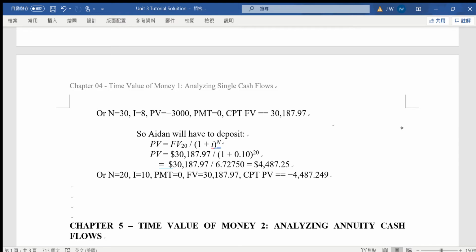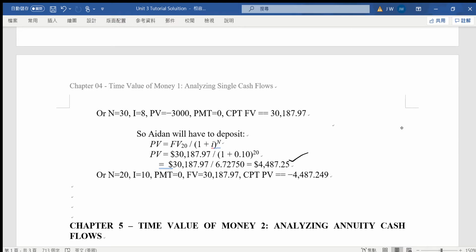Finally we can find out the amount should be 4,487.25 that Agent should invest now, and then under a 10% interest rate to accumulate the compound interest, that will be the same amount as Haley, which is 30,187.97.